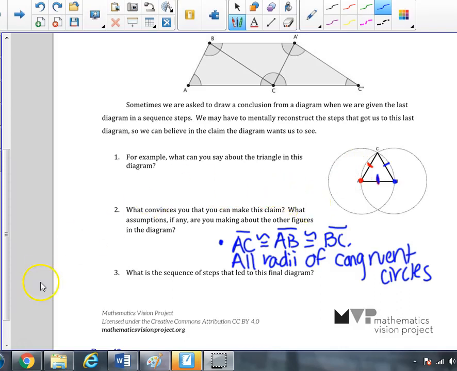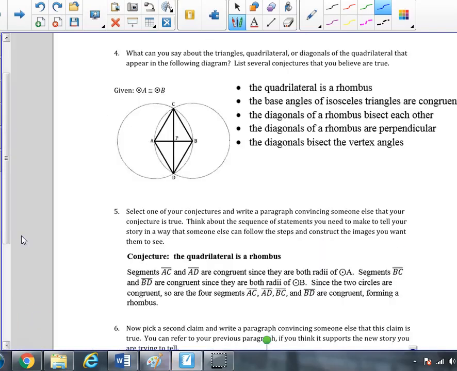As we progress through this course, it will be very important that we are given information and that we use that given information to help us make a formal argument. In number 4 and 5, we were given the same exact diagram, and we were asked to come up with several conjectures, or educated guesses, that we know are true based on the given.